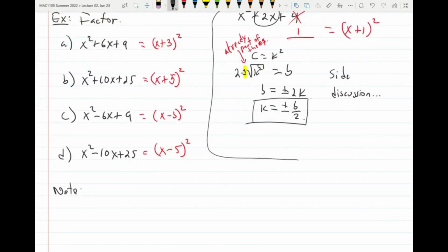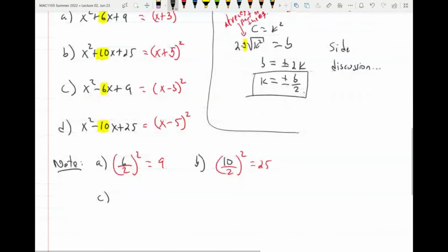So note. If you want to complete the square, the point is that you should focus on this guy, okay? So in part A, notice that if we take the number 6, and if we divide it by 2 and we square it, then we get 9, which happens to be the last guy. Similarly, if we take 10 and divide it by 2 and square it, we get 25, which is the last guy.